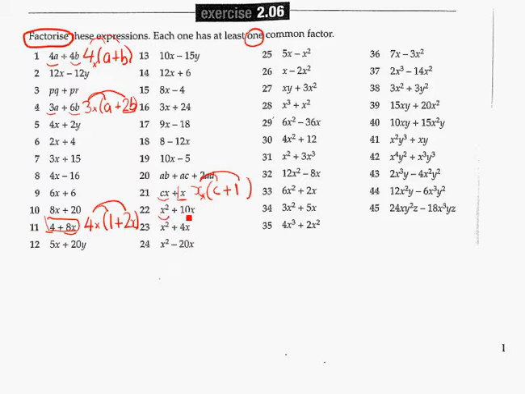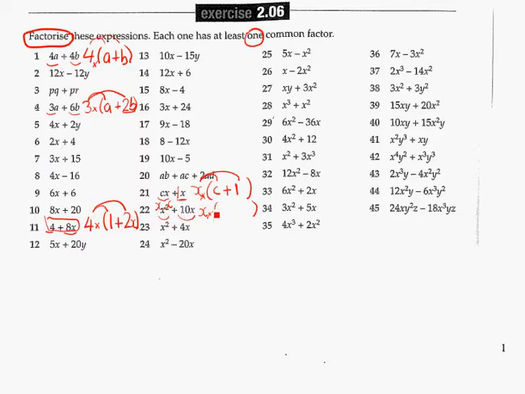Number 22, clearly, what's common to both? Both terms there have an x. That first term, of course, is x times x, and this is 10 times x. So both terms have an x in them, which we could write at the front as the common factor to both terms.